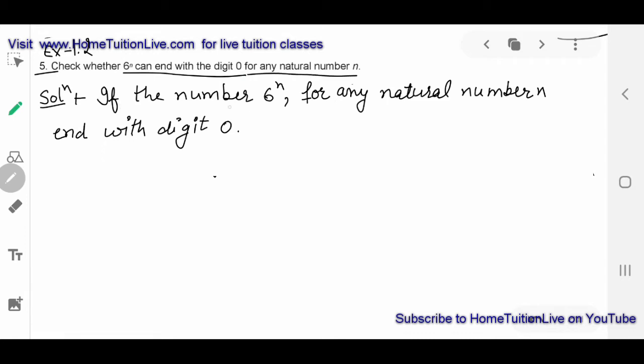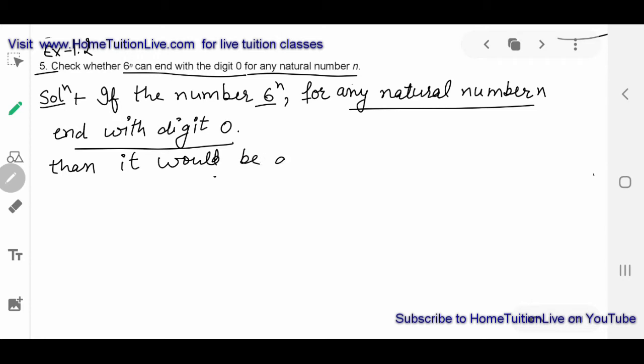If the number 6 power n for any natural number n ends with digit 0, then it would be divisible by 5.